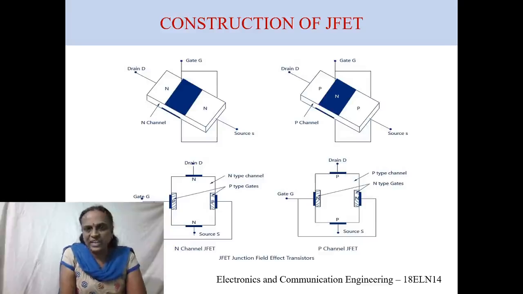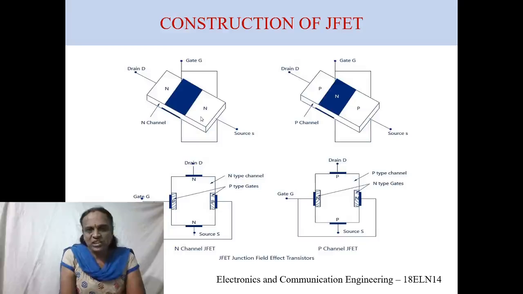For a P type, here it is P channel and P channel, where among all these types you can pull out the three terminals, namely drain, gate and source. The gate forms the middle terminal, whereas the end-to-end terminals form the drain and the source.